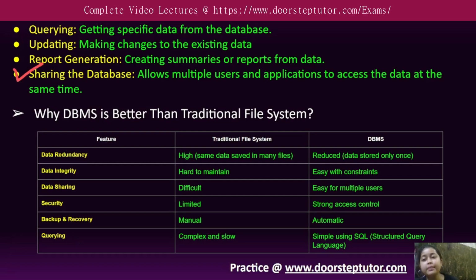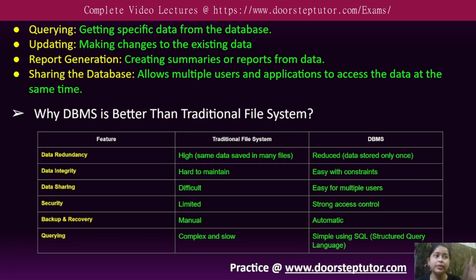And here, very important also, you can share your data. Sharing what? It allows multiple users and applications to access the data at the same time. Here I am giving you an example of how the database is shared. For example, different users are using ATMs of the same bank for some transaction, for depositing, or any kind of purpose, at the same time.